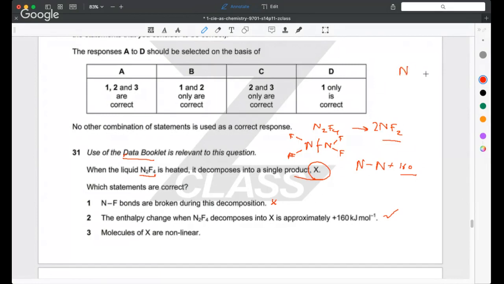one way to think about this is with a quick dot cross diagram. Nitrogen has 5 valence electrons, fluorine has 7. That means there's going to be 2 lots of fluorine, 14 valence electrons. There's 19 electrons to go into our dot cross diagram. We're going to have nitrogen in the middle, with fluorine, fluorine.